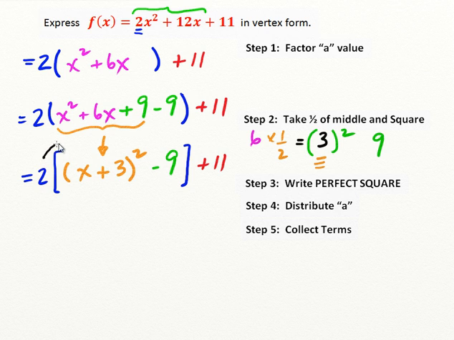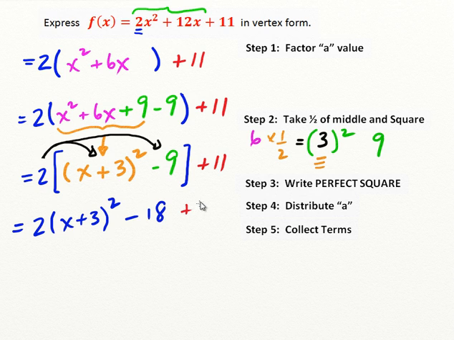And I'm going to multiply it into these blue square brackets, by the first term and the second term, and that's going to give me the following. 2 times this first term is 2, and then x plus 3 squared, and 2 times -9 is -18. This is looking a lot like vertex form now.